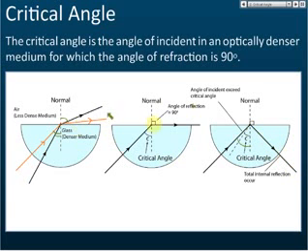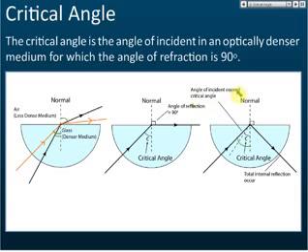So no more refraction, 100% of the light ray will be reflected, and we call this total internal reflection.